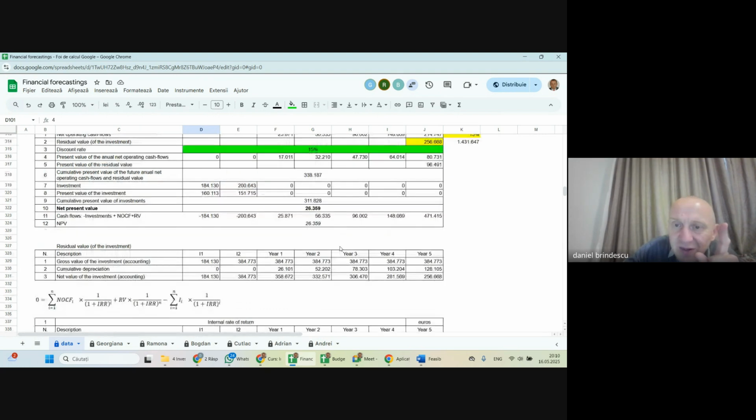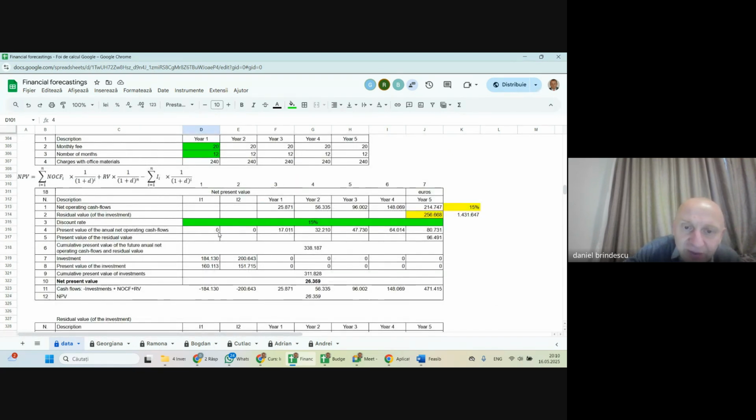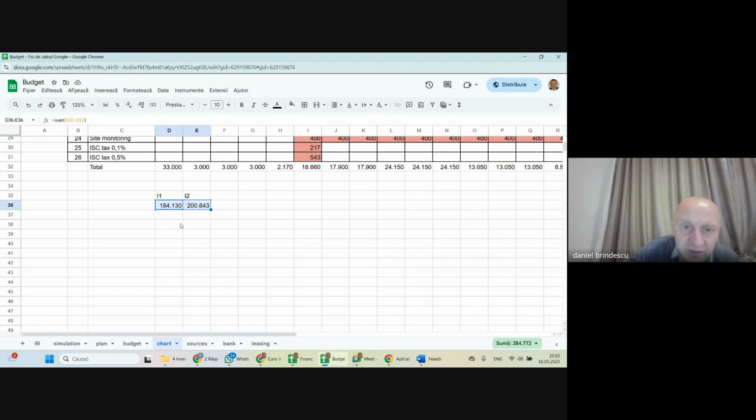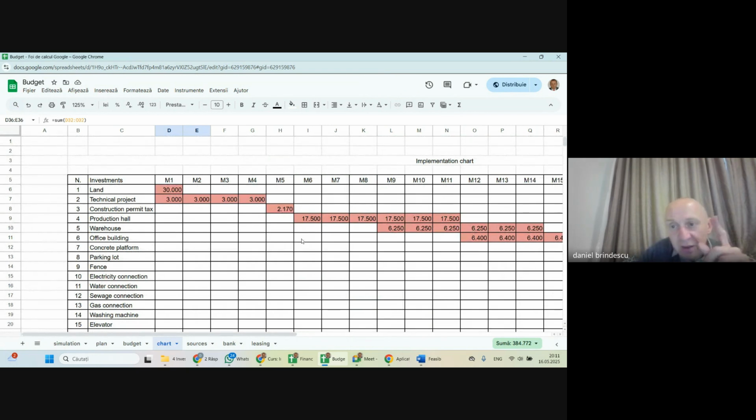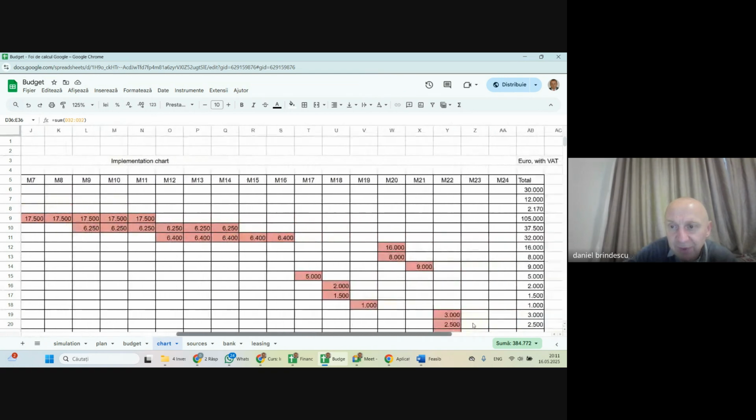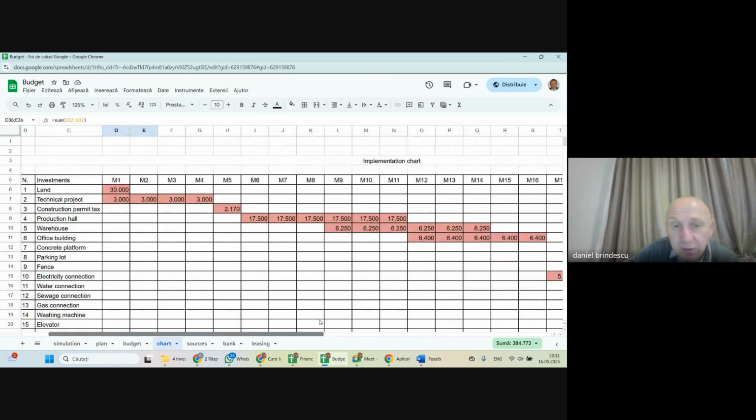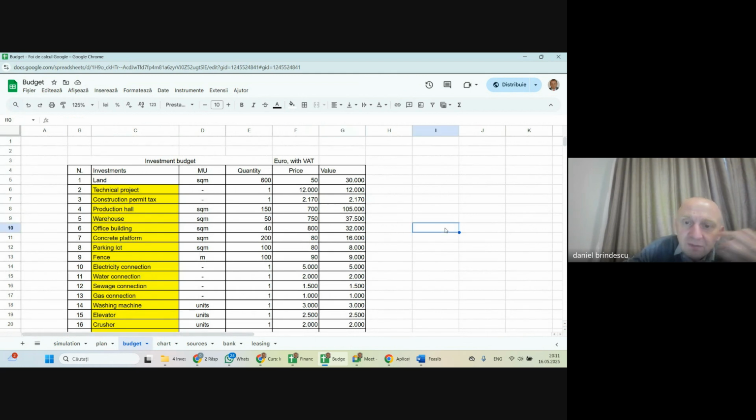And it's not only the cash flows that are subjected to risks. It's also the other part of the equation, the investment. The investment right here that would be done from now in the future throughout the following 2 years, according to my implementation chart. Are these values certain? No, they're not. Of course, when I did my budget, I probably negotiated with possible suppliers of equipment, of software, of furniture, with construction companies.